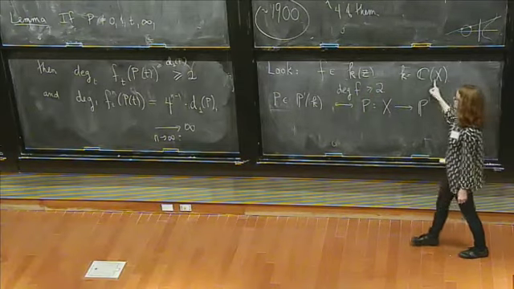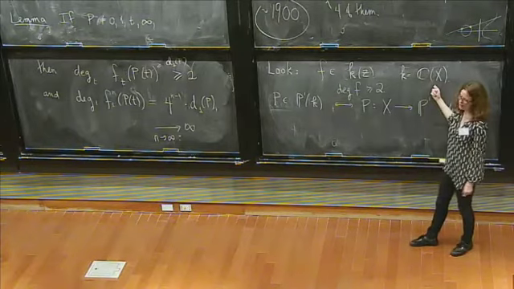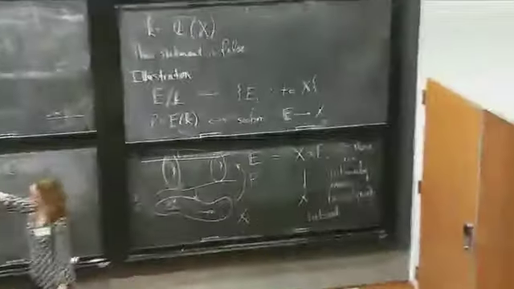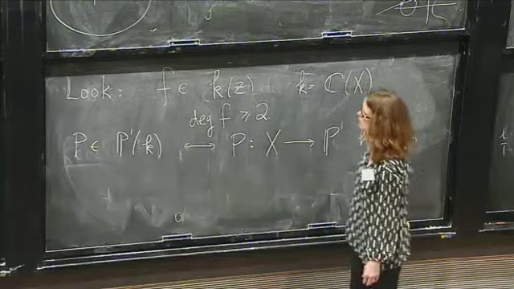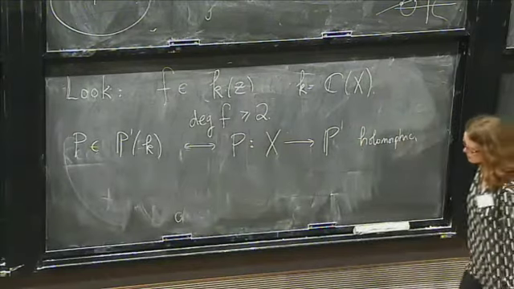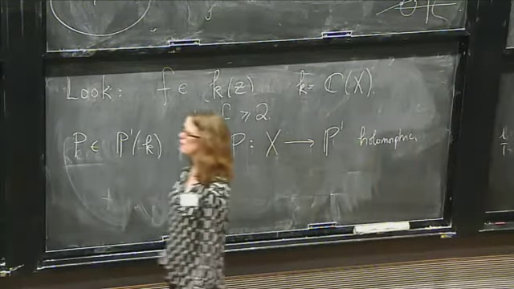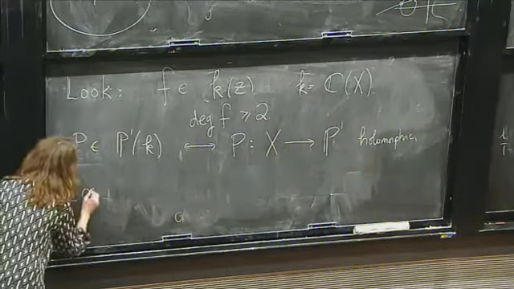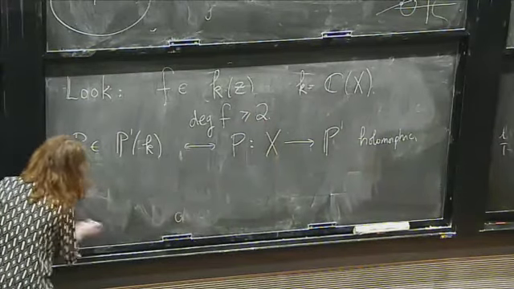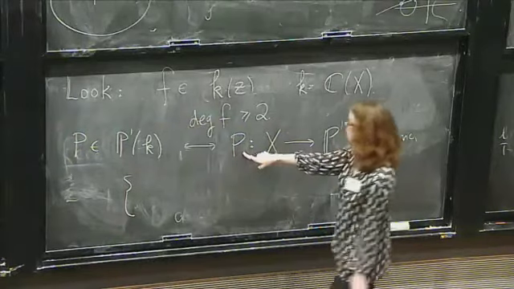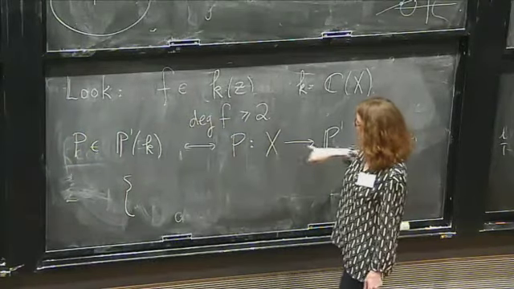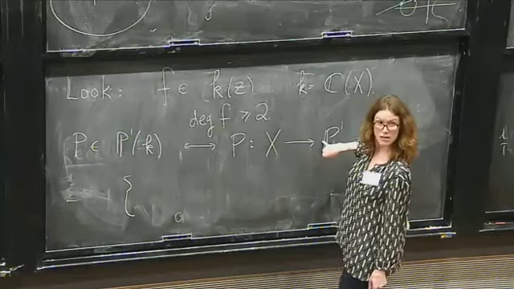Of course, if I pass to a finite extension of this field, that would correspond to a branched cover of X. But I just want to talk about rational points to keep it simple. And what I'm really looking at is the following collection of maps, the iterates of P viewed as maps from X to P1.